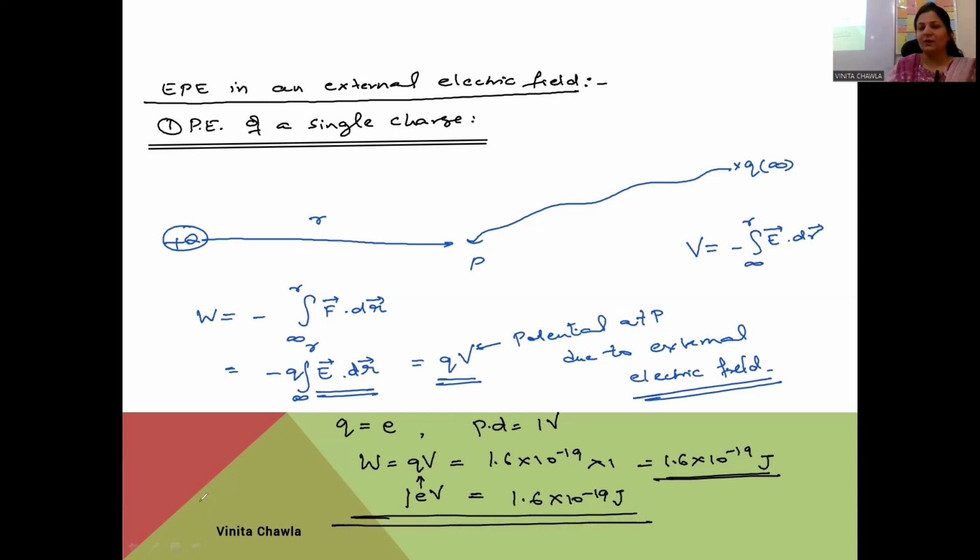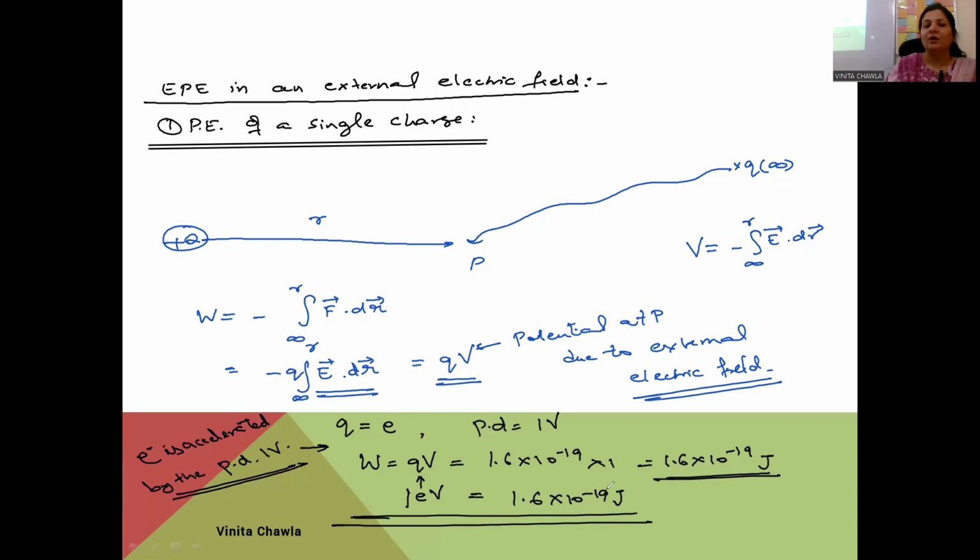How do we get one electron volt? We place an electron and this electron is accelerated by the potential difference of 1 volt, and 1 electron volt is 1.6 into 10 to the minus 19 joules.